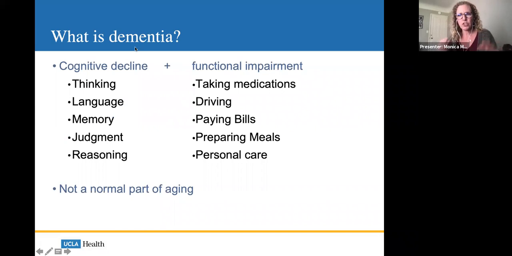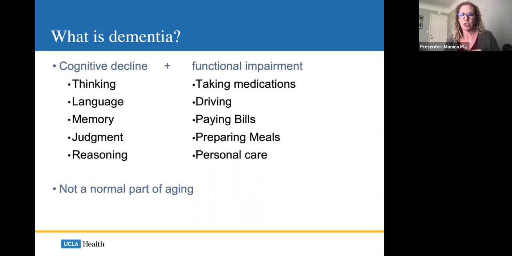Initially, I want to talk about this word. Those of you who have come to my presentations before have seen this slide, but it's very applicable here. What is this word, dementia, and what does it mean?